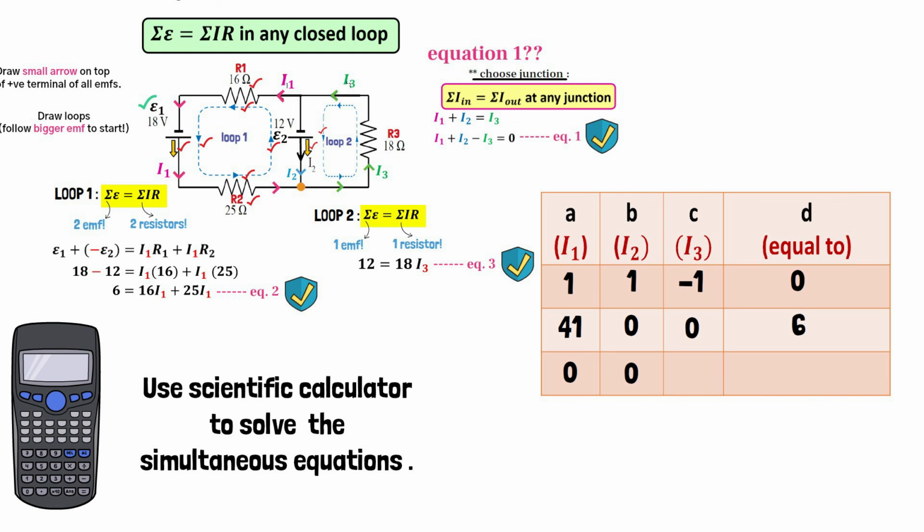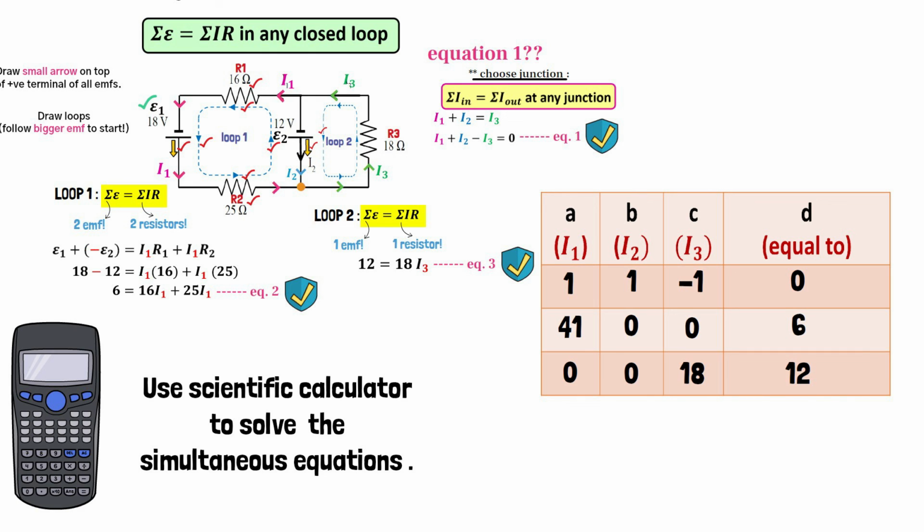Positif 18I3. So, kita akan letak positif 18 dalam kolom C untuk equation yang ketiga. And then, untuk kolom D, that equation is equal to 12. So, kita masukkan 12 dekat dalam kolom D bagi equation yang ketiga. Jadi, dengan cara ini akan memudahkan awak untuk masukkan ke semua nilai dengan teratur dan tidak melakukan kesilapan.